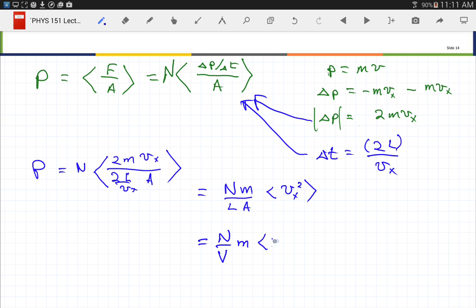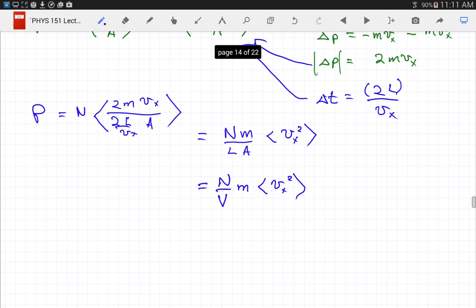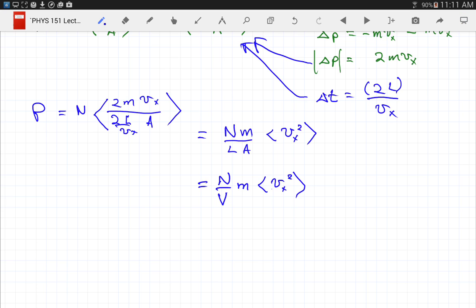That's not a V. And the last step is, this is just the x component of the velocity. But I have molecules flying around with x components, y components, and z components because we live in a three-dimensional space. But if I have random orientations, what can you tell me about the x component average, the y component average, and the z component average?